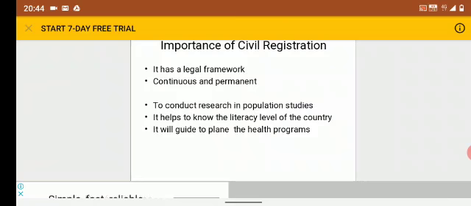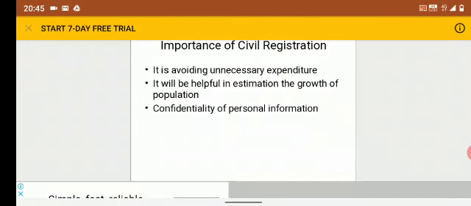It will guide us to plan health programs, and not only health programs but also so many welfare programs.